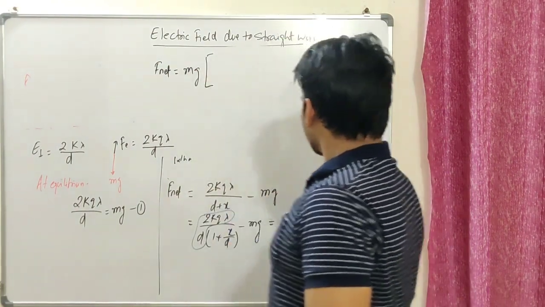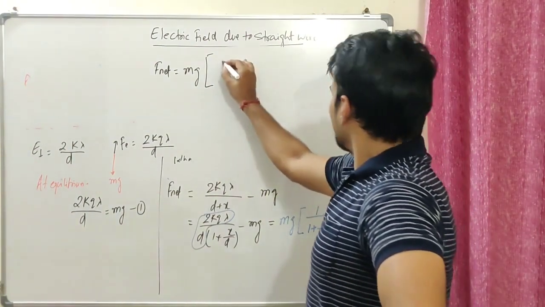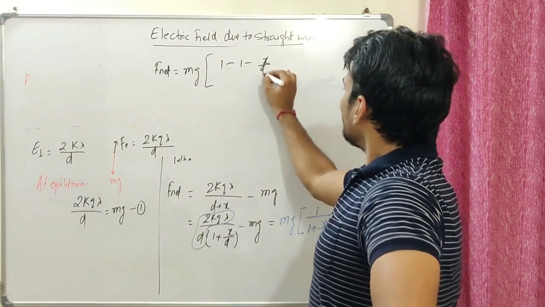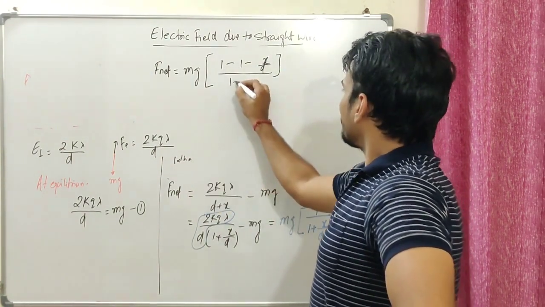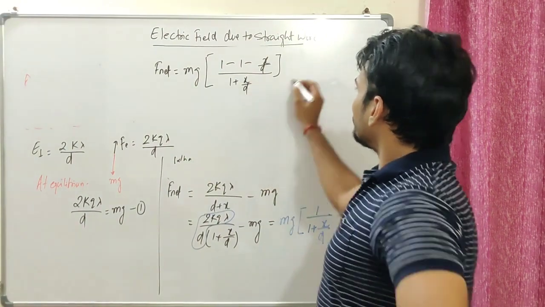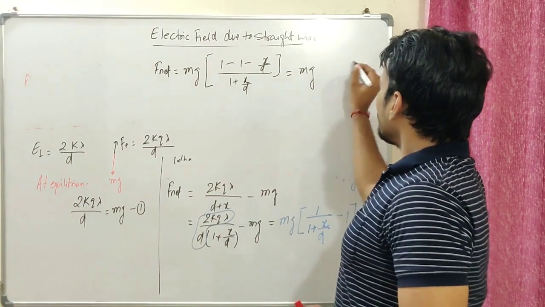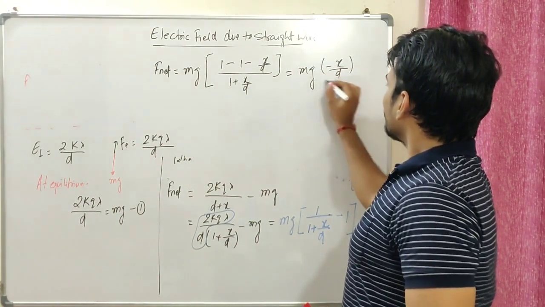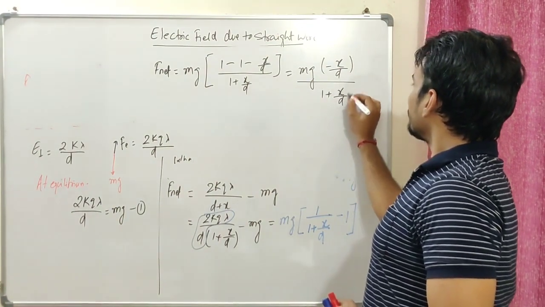I'm going to have 1 minus 1 plus x over d in the numerator, and the denominator will have 1 plus x over d. The 1 will be nullified, I'll be left with mg times negative x over d, and in the denominator 1 plus x over d.